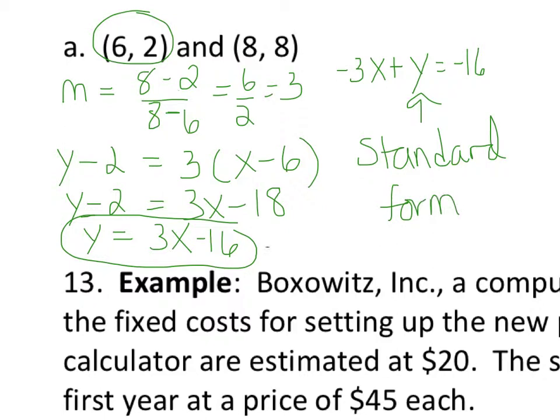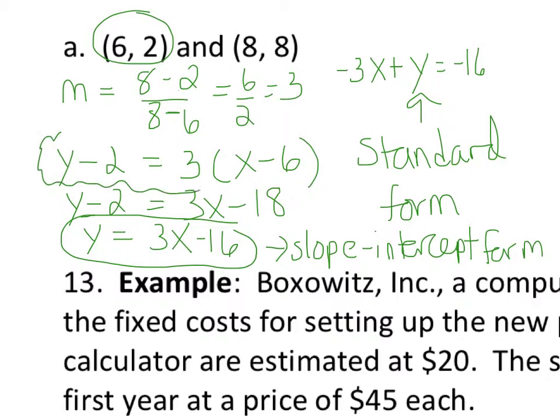So this is slope-intercept form. And back here, this one that I'm putting a squiggly line around, that one is point slope.